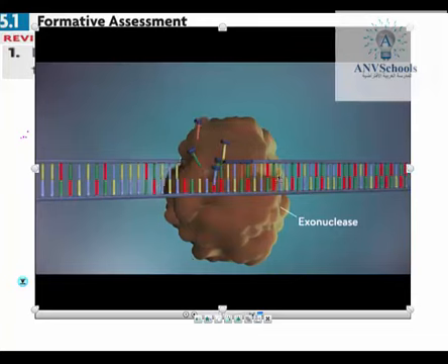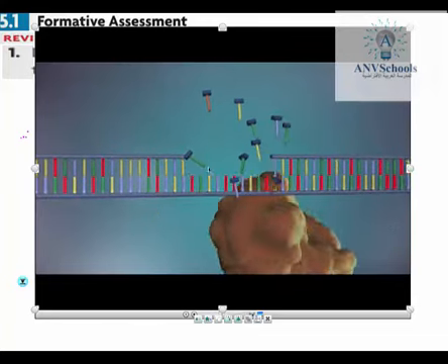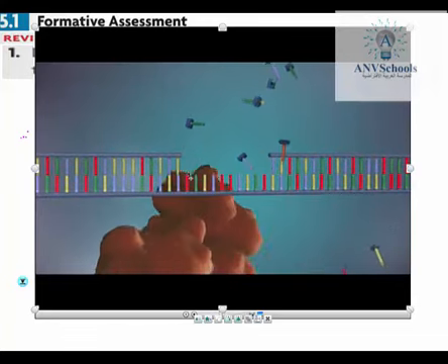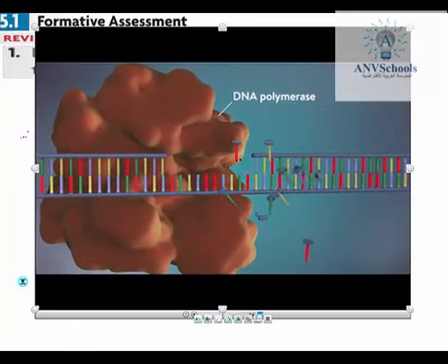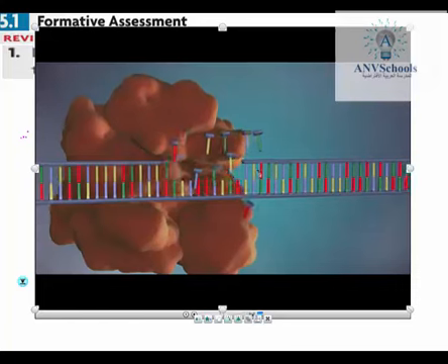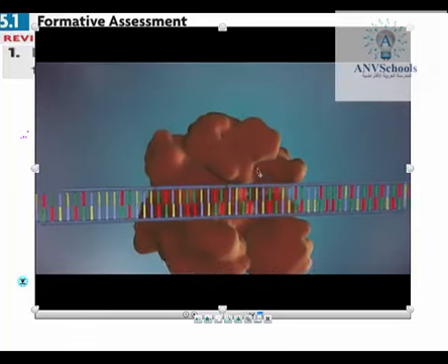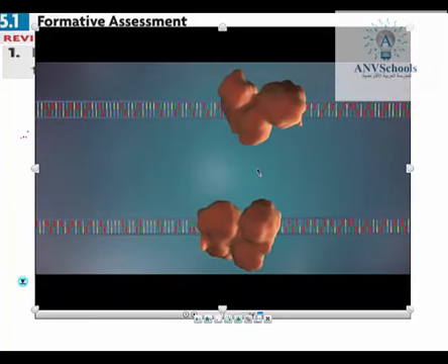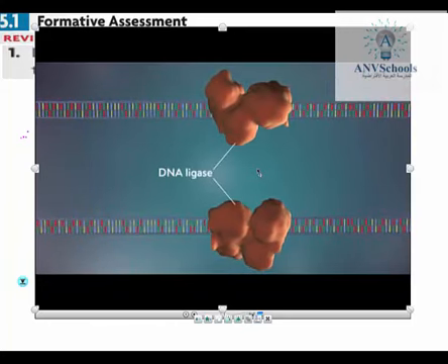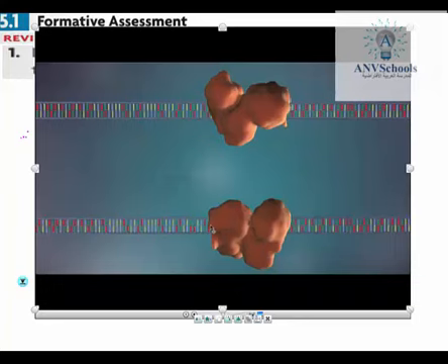Then exonuclease will come and remove the primers that had been attached here. Then DNA polymerase will attach new DNA bases. So the whole structure will now be complementary to the other one. So we have here DNA ligase.